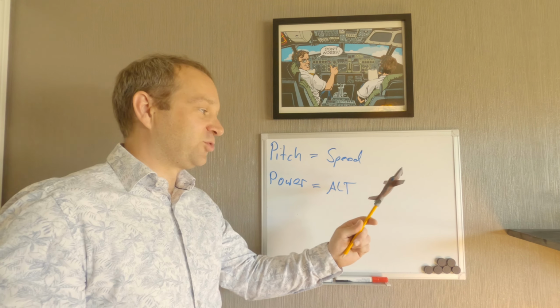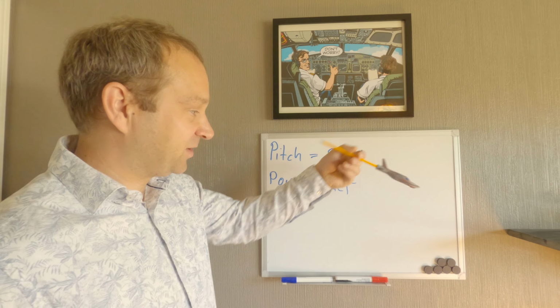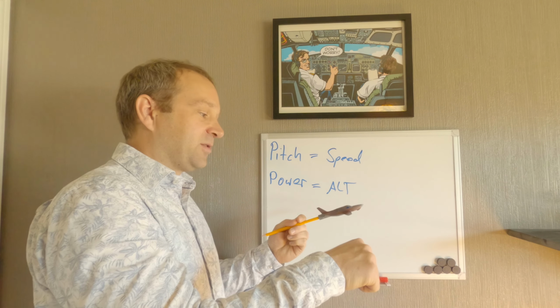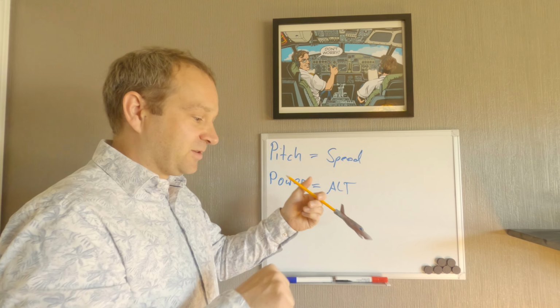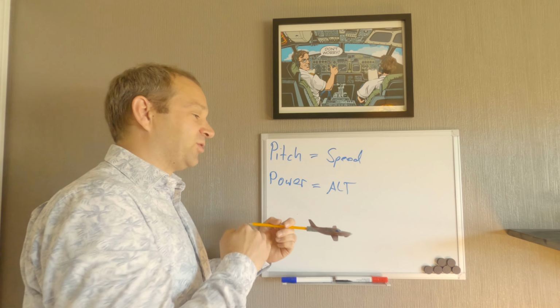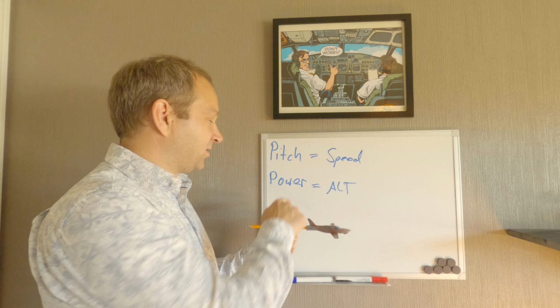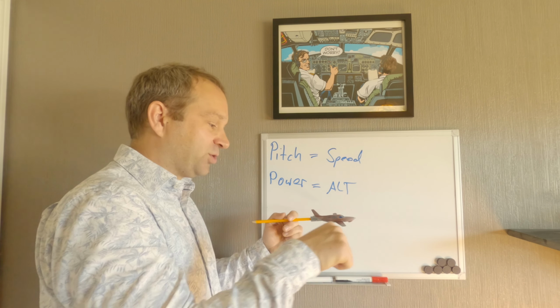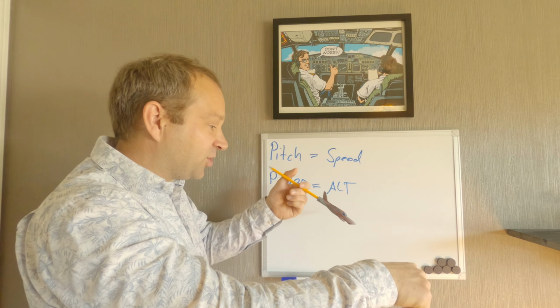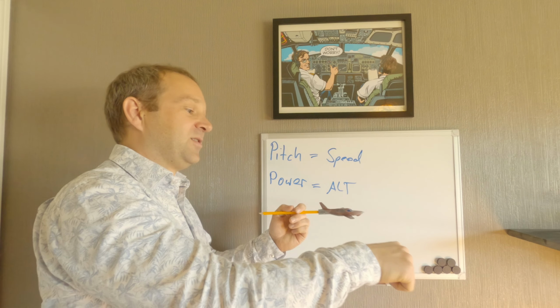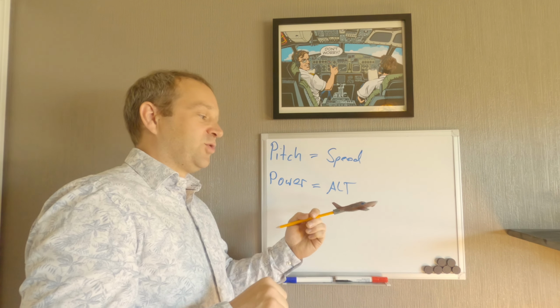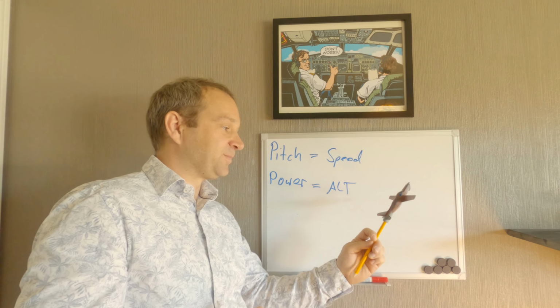Pitch your aircraft, slow down, accelerate; add power, you climb and you descend. You want to stay level, but accelerate: add altitude, convert into speed; reduce altitude, convert into slower airspeed.